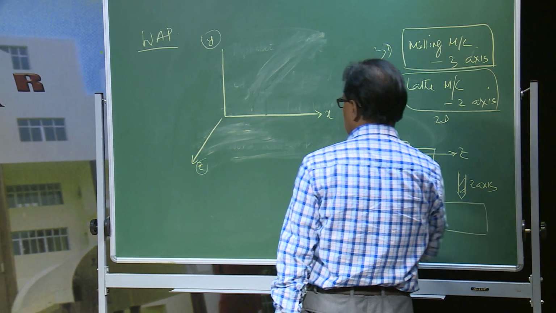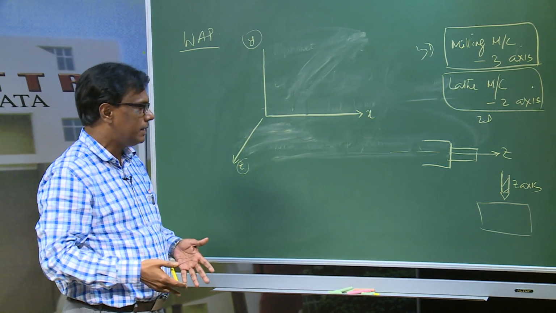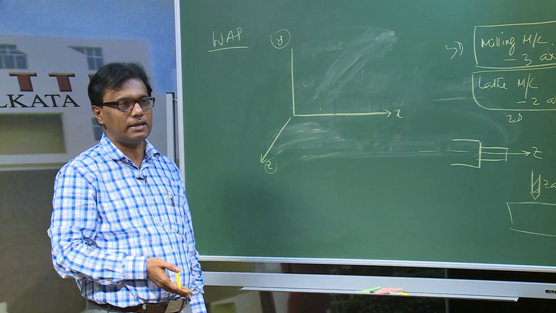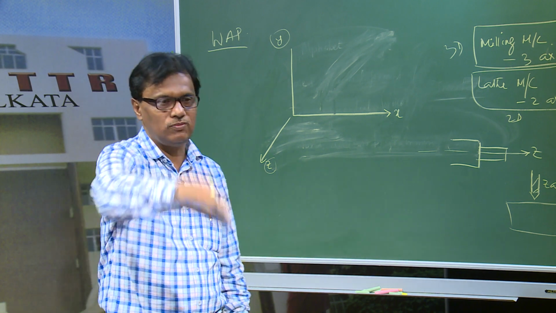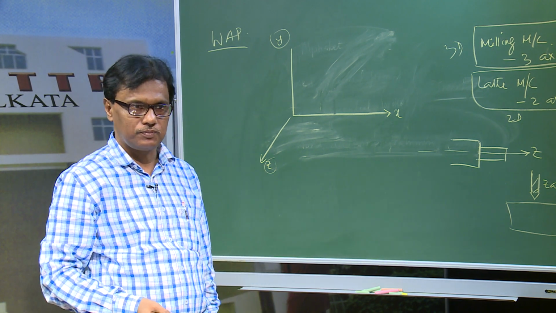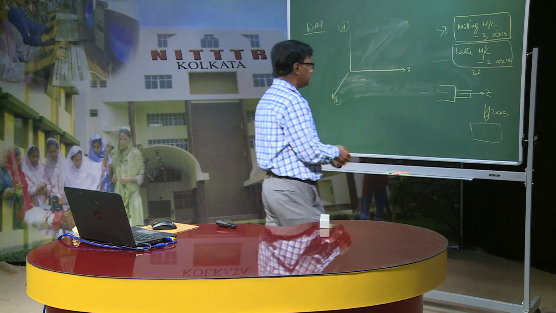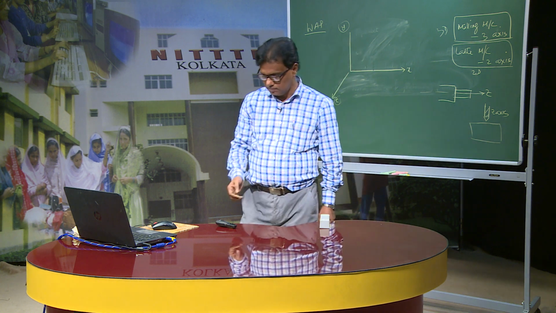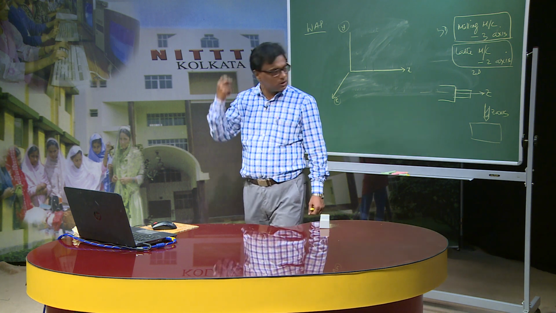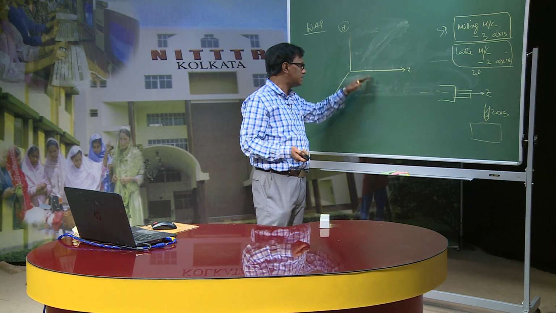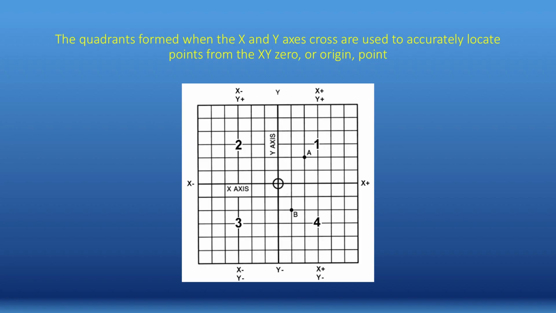Once the z axis is fixed in a lathe machine, towards the operator it is positive x and away from the operator it is negative x. So, every point is denoted by some coordinates, such as positive x, positive y, and so on.